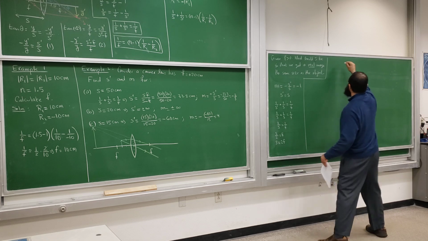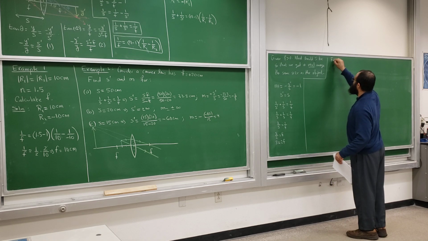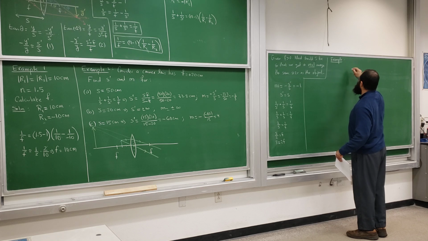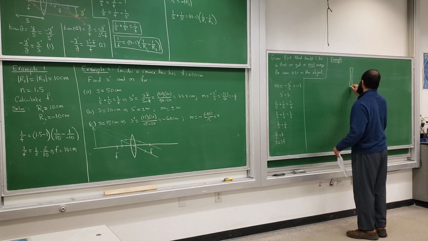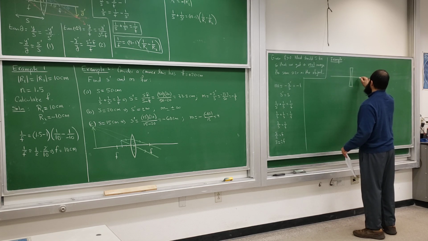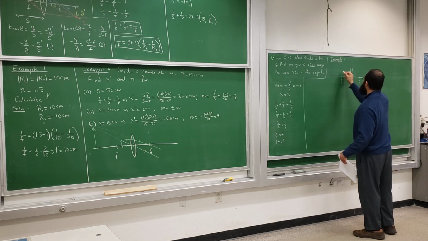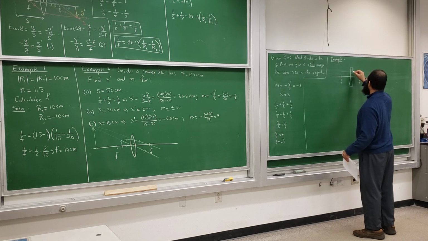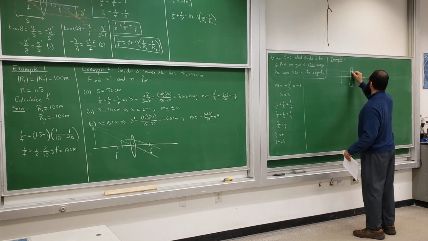Here's a diverging lens. So this is the next example. We have a lens. Here's the axis of the lens. Here's F. Here's F. And if we send parallel rays, so here's a ray that is parallel, it will go this way.